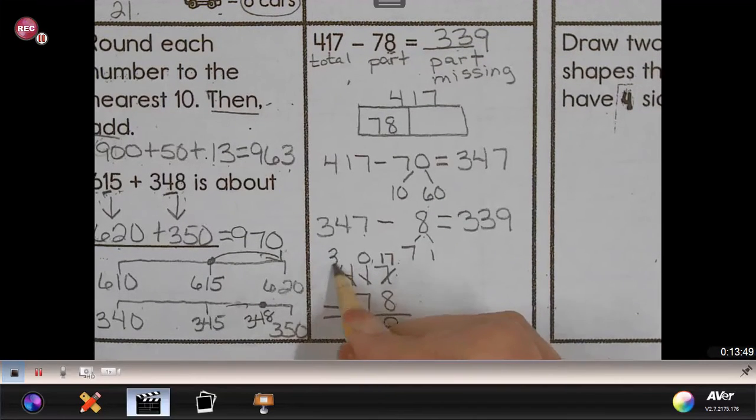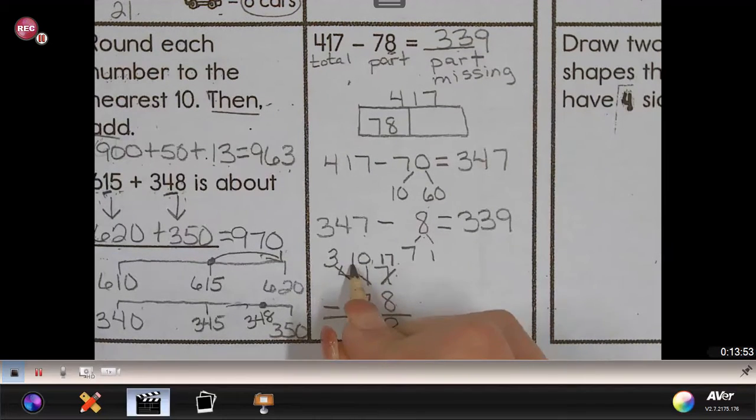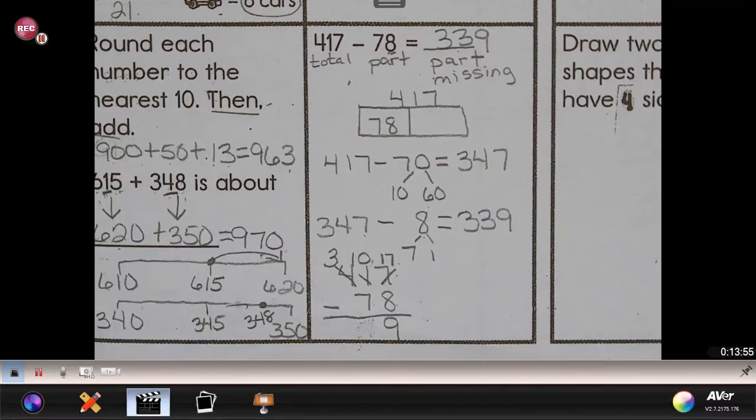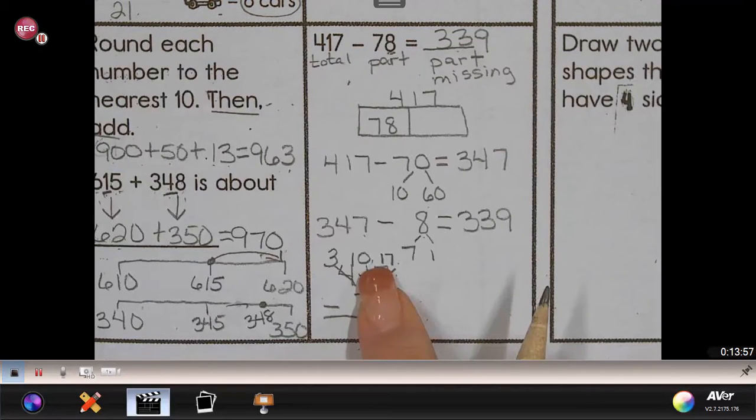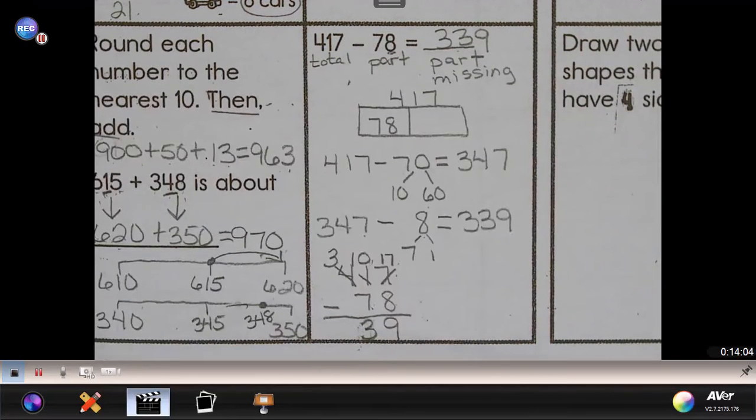So that tells me I need to borrow 100 and regroup that as 10 tens. 10 tens is 100. So 100 minus 70 is going to leave me with 30. And I have no hundreds to subtract from this 300, so that leaves me with 339.